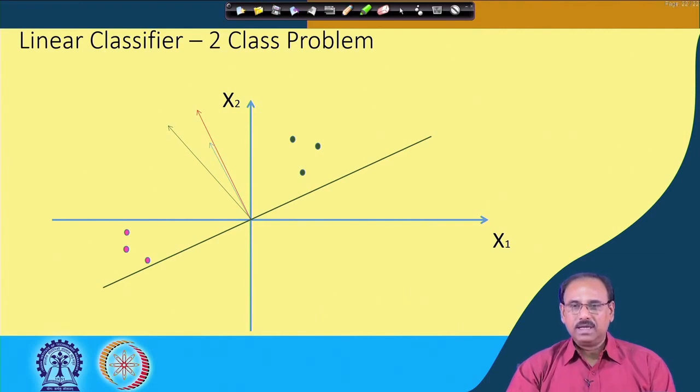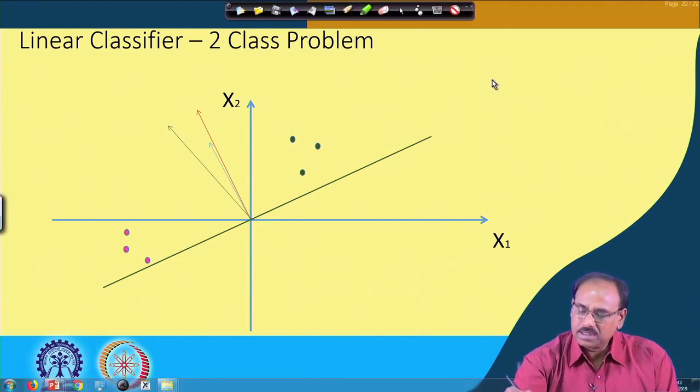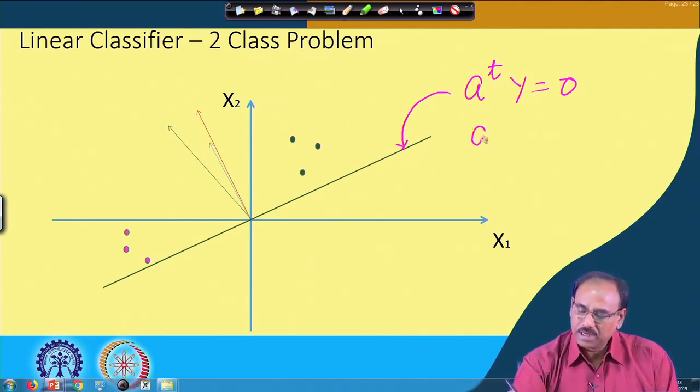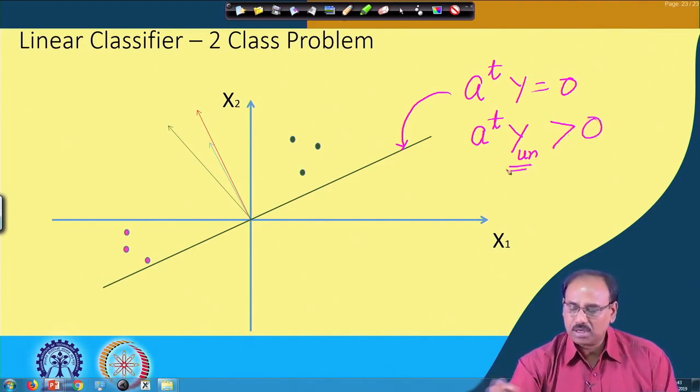But you keep in mind that once your separating plane is properly designed, or once I get this equation A transpose y equal to 0, which is the equation of this separating plane, by using the training vectors, for classification of an unknown sample my classification rule will be: for an unknown sample, say y unknown, if A transpose y unknown is greater than 0, then y unknown is to be classified to class omega 1.